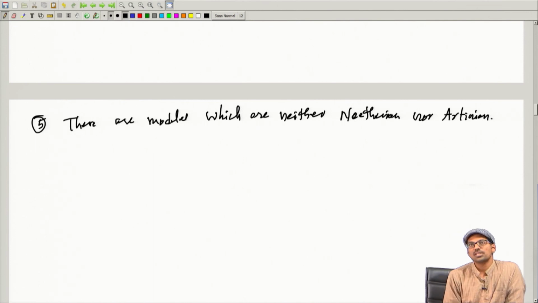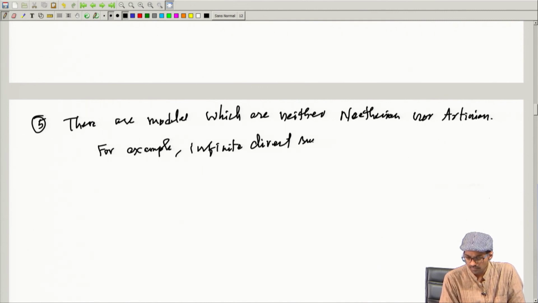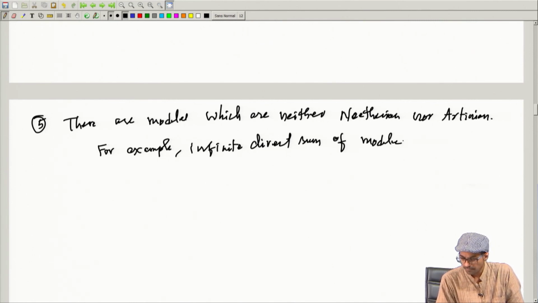For example, an infinite direct sum of modules. If you take any infinite direct sum of modules, that is never Noetherian and never Artinian. Let me finish this.